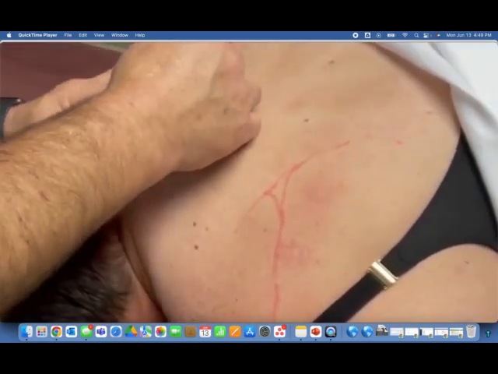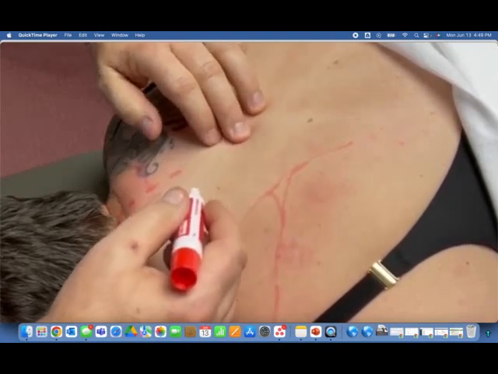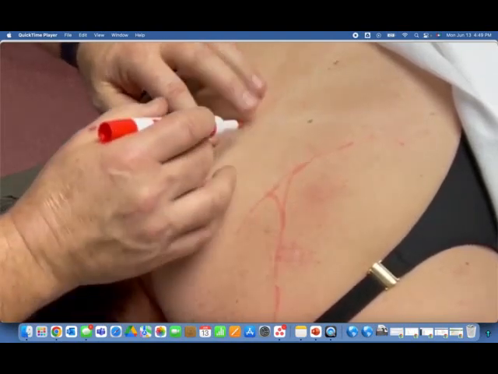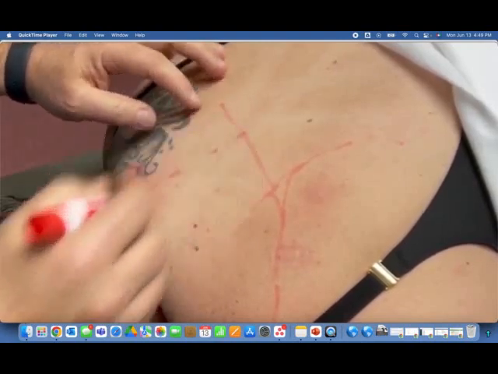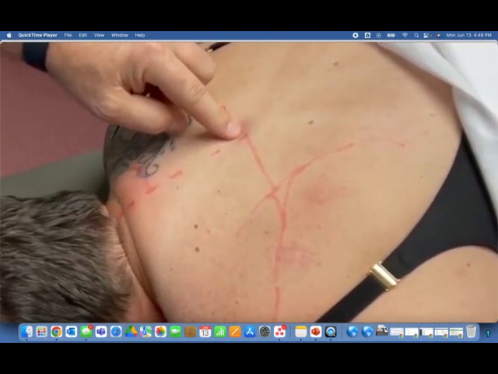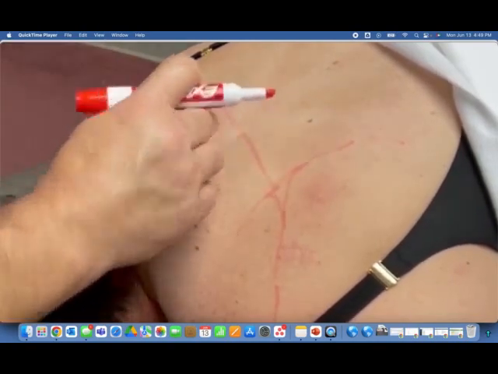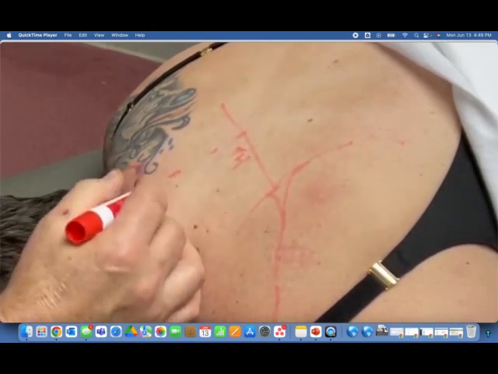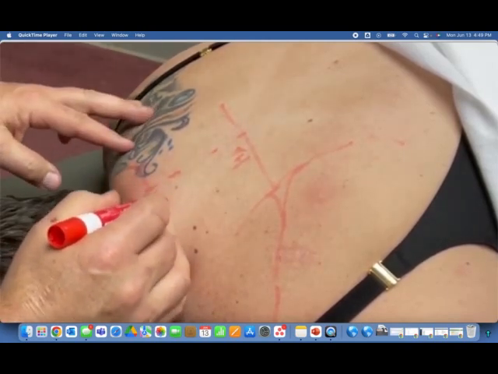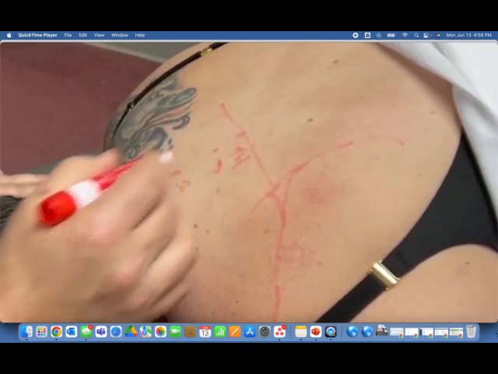We can do it on each side. But basically, if we draw a helper line, between T3 and T4 resides the spinous process of T4. So if I'm looking for T4, I find the spine of my scapula, and that gives me T4. Again, this is where we found T1 and T2, there's 2 and 3.